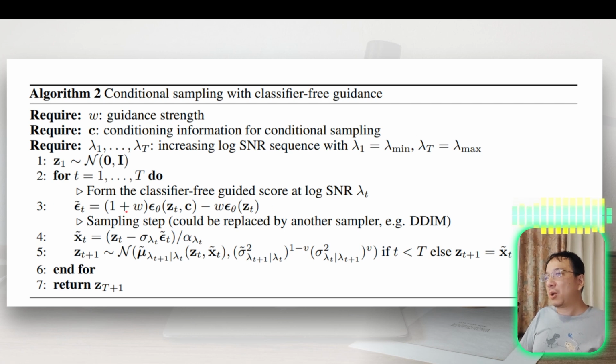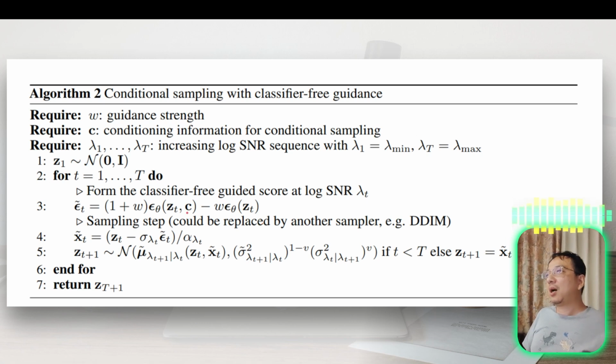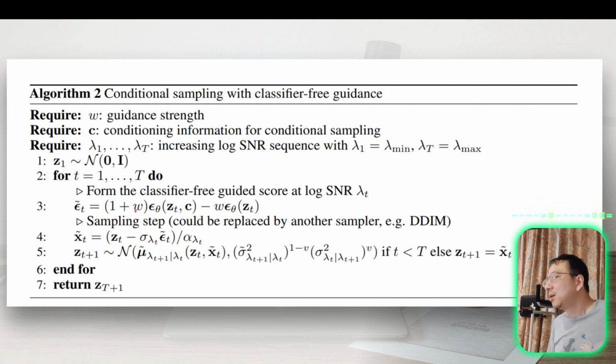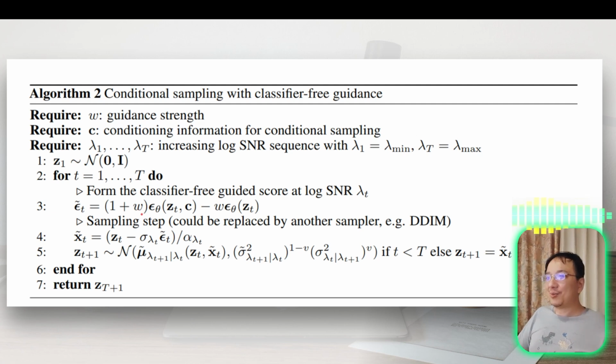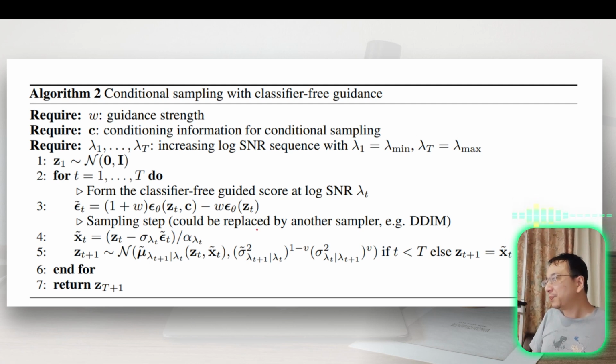This formula is inspired by some conditional probability formulas, but you can change the parameter W right here. This should be W, not omega, because this one is W.